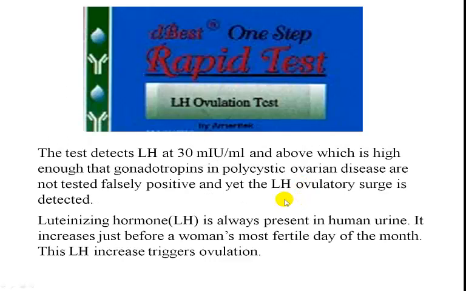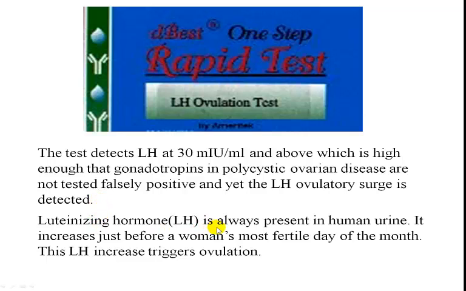And then our final slide for this presentation, of course, is LH. This is a fuzzy image, but anyway, it's a one-step rapid test, an LH ovulation test. The test detects LH at 30 milli-international units per ml in the urine and above, which is high enough that gonadotropins in polycystic ovarian disease are not falsely tested positive as being ready to ovulate, and yet the LH ovulatory surge is detected.